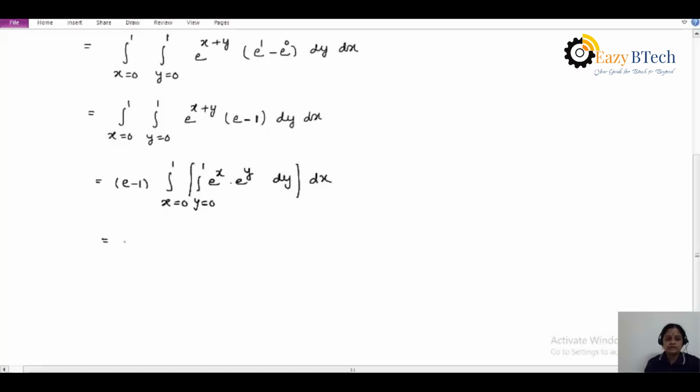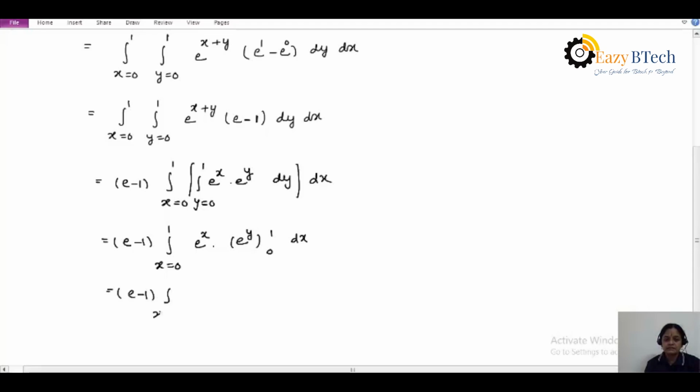Yeah, okay, and e minus 1 into integral x is equal to 0 to 1, e power x is constant, the e power y integration is e power y, 0 to 1 limits, and again next is dx.